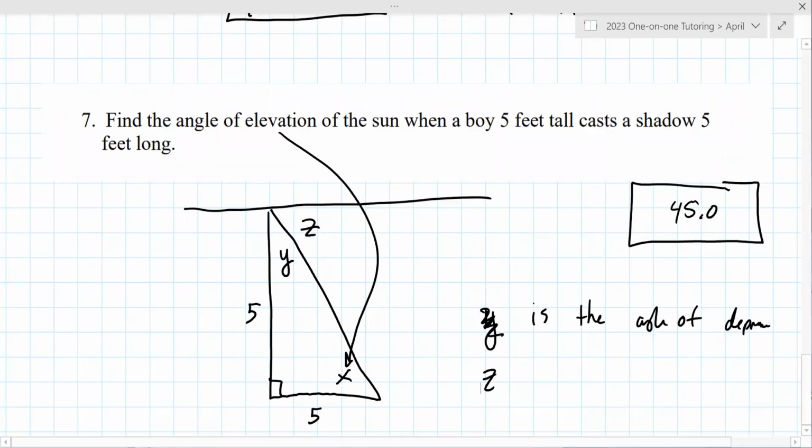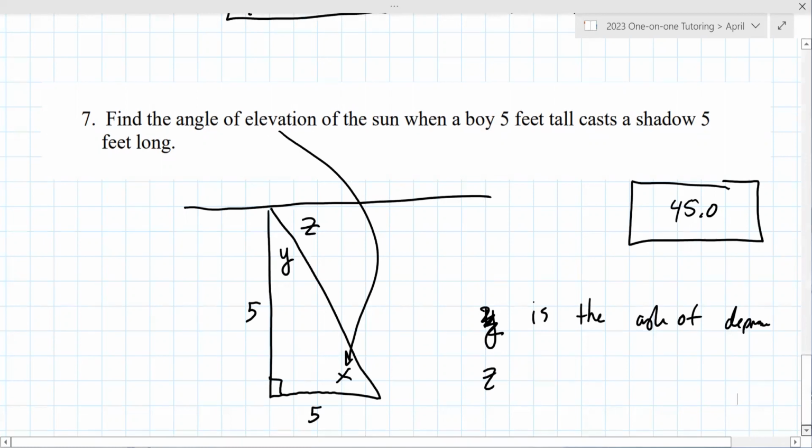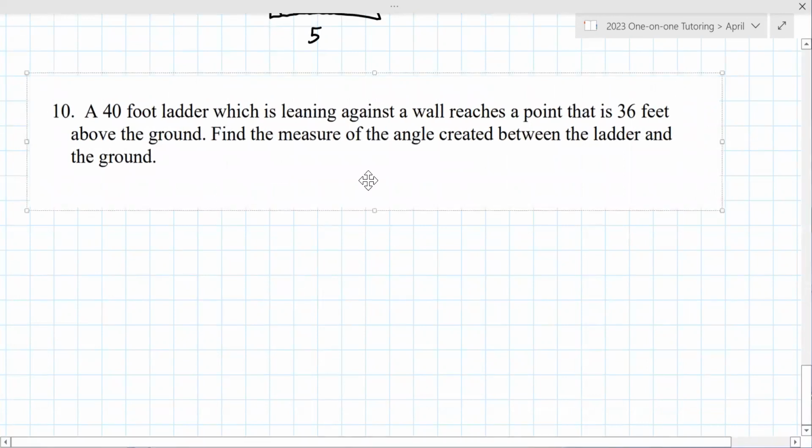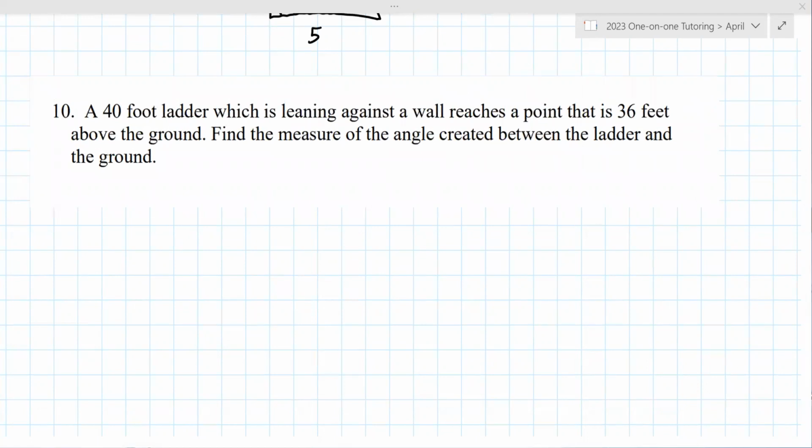I've got another problem here for you to do. You're doing great. Hopefully that introduction really helped, like you said. So here's one more before I find some more difficult ones. Okay, a 40-foot ladder is leaning against a wall 36 feet above the line. Okay, 40-foot ladder, 36.